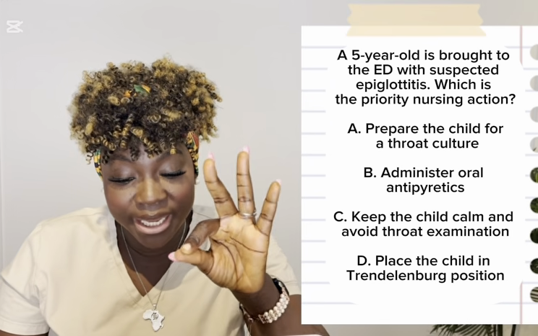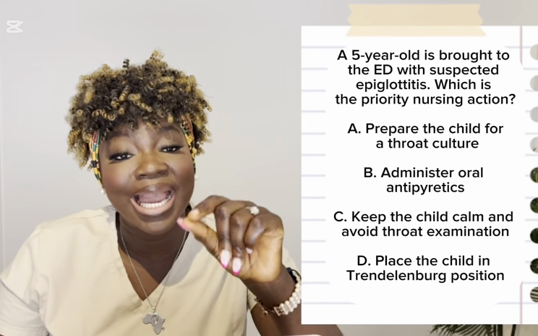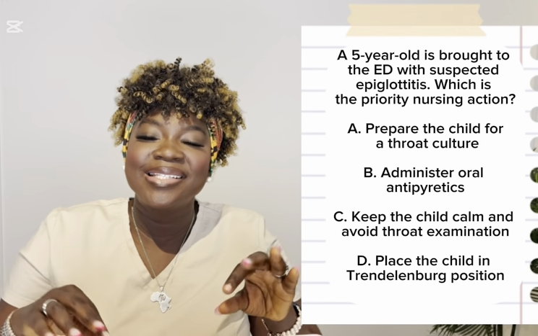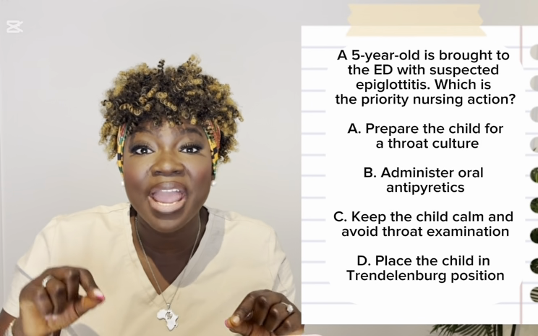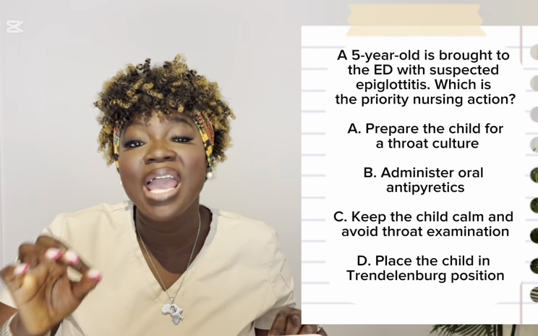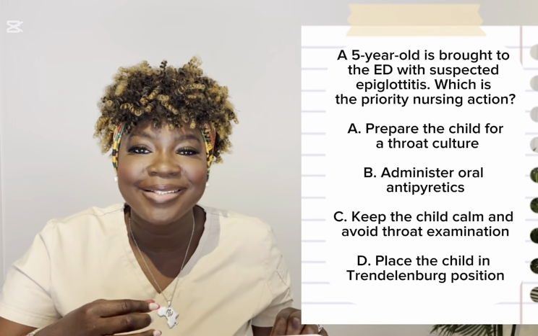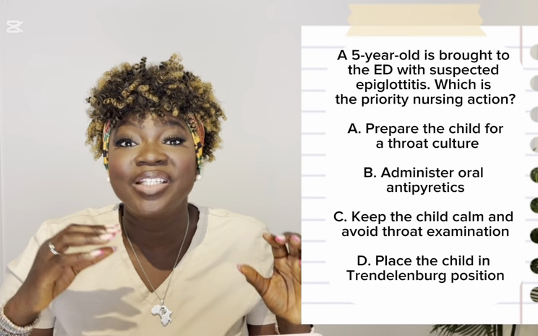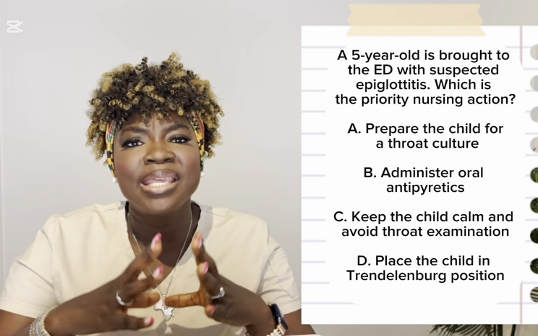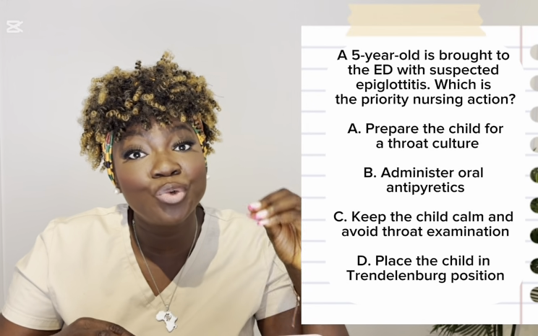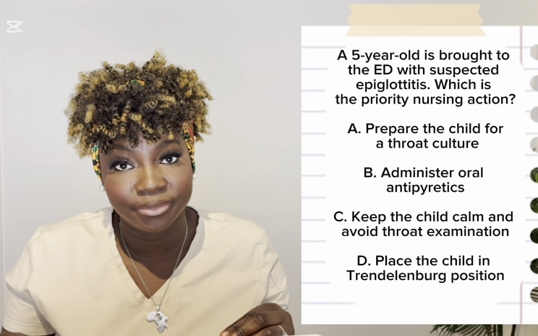Now, let me explain what epiglottitis is. Epiglottitis is a life-threatening bacterial inflammation of the epiglottis, okay, causing narrowing of the airway. And this happens to kids mostly between 2 and 5 years old.